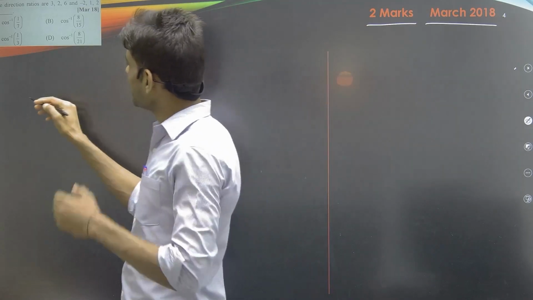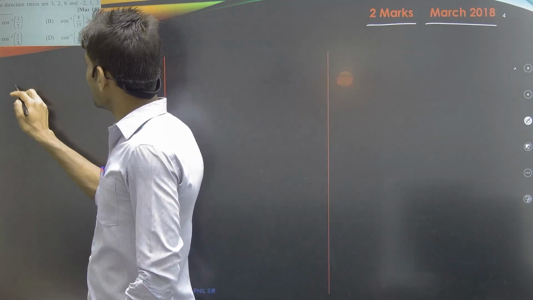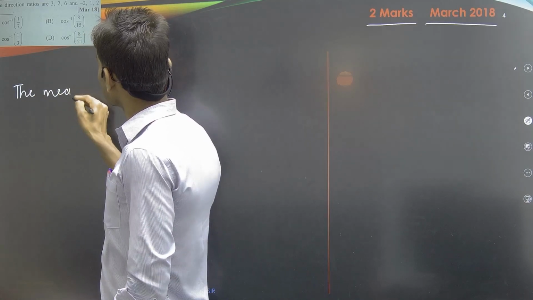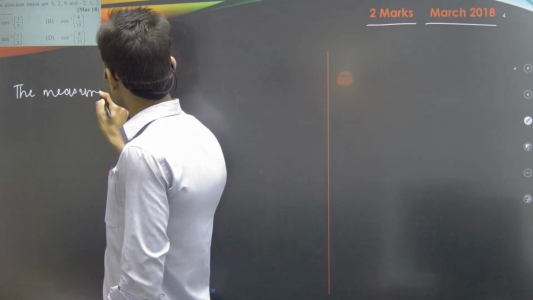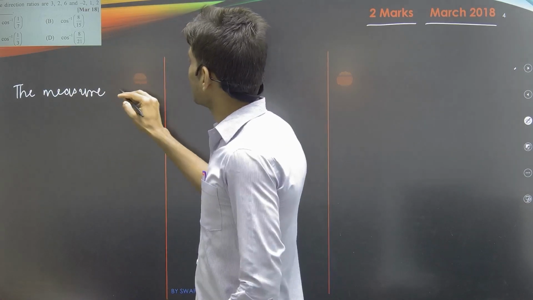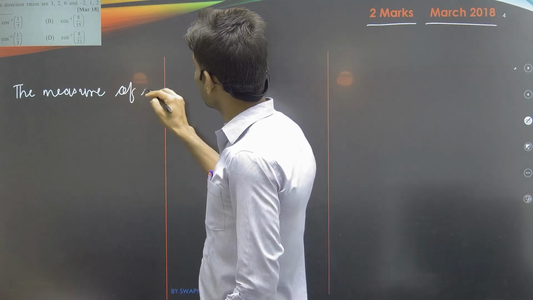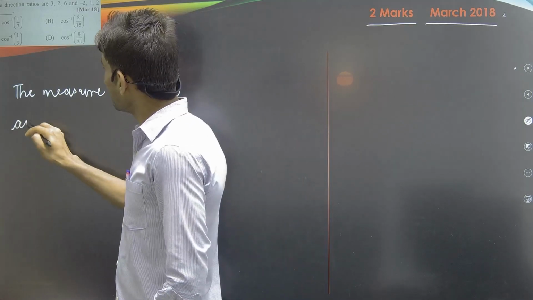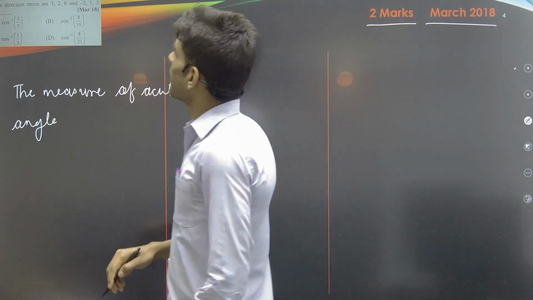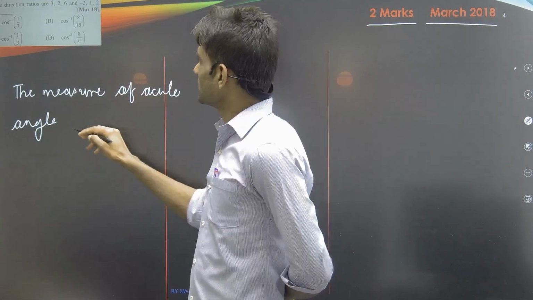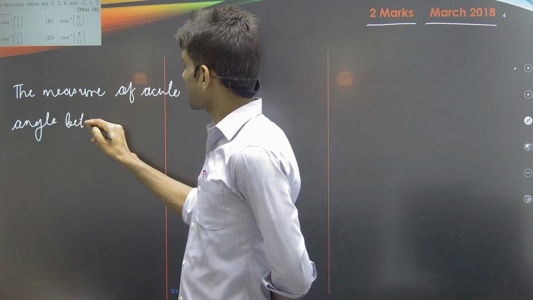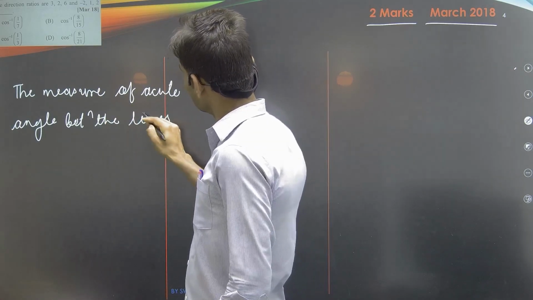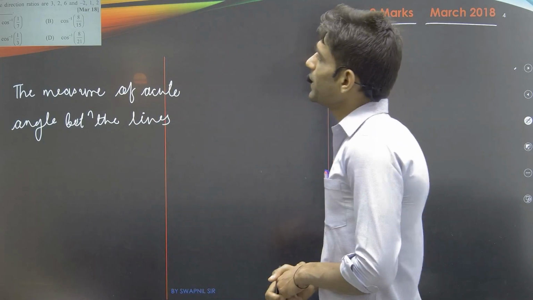So we are given the measure of the acute angle between the lines. We want the measure of the acute angle between the lines.